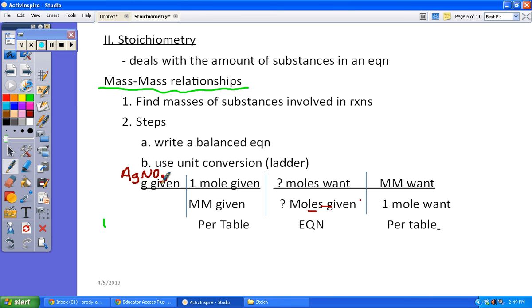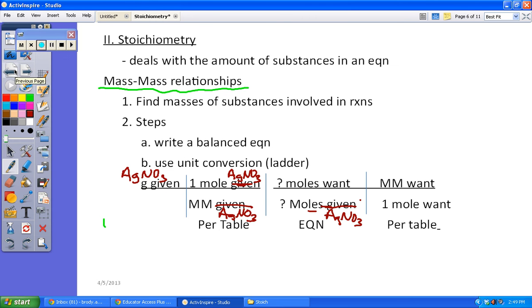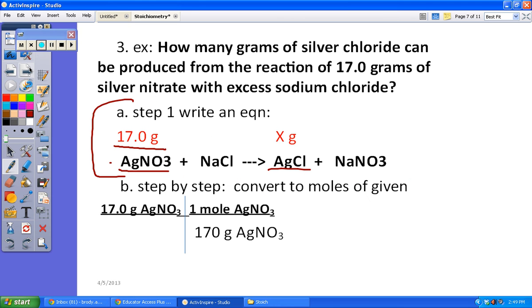So for the moles of the given substance, silver nitrate, we have the molecular mass of silver nitrate and the moles of silver nitrate. The part that we want to know is silver chloride, AgCl. That's the wanted substance, AgCl. So that's the steps we're going to take.